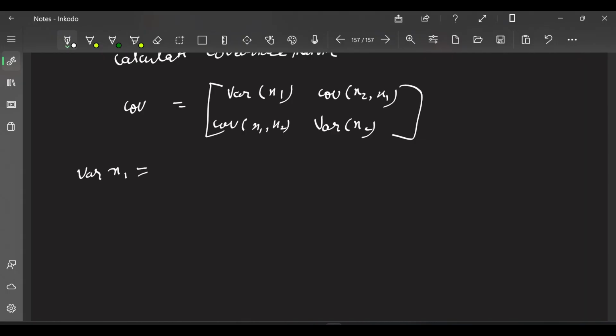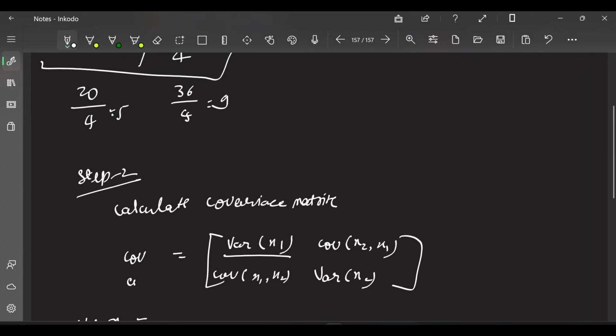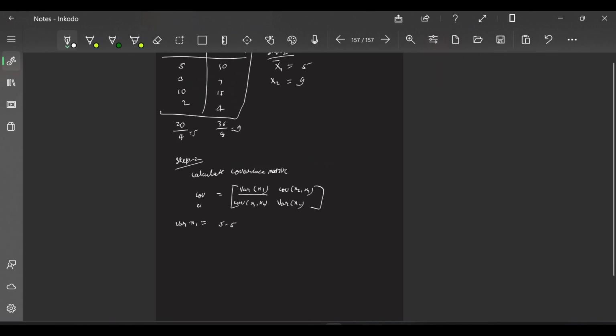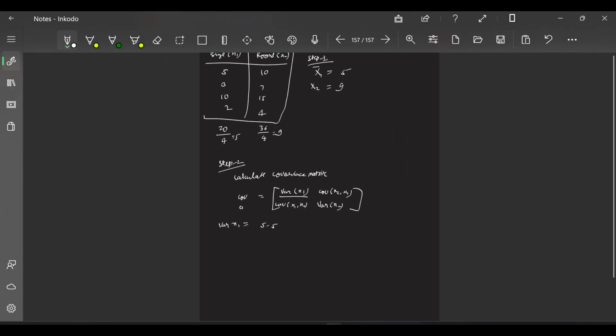For var of x1, suppose there is a matrix A, and you have to find a11. So a11 will use 5, which is your mean, minus the values.